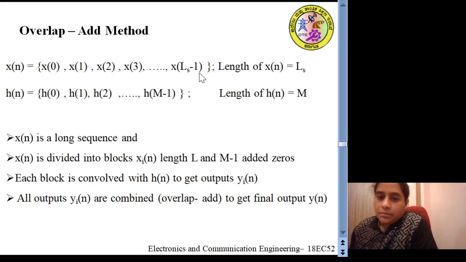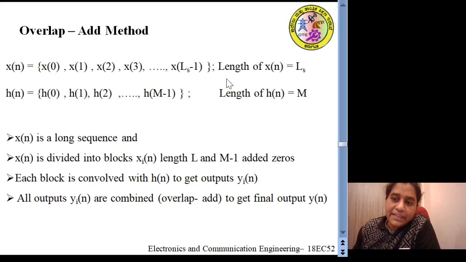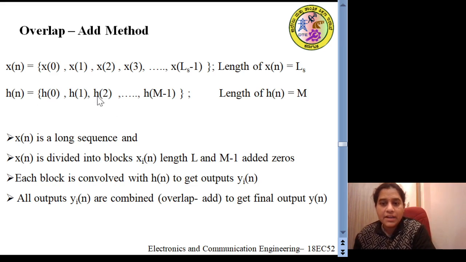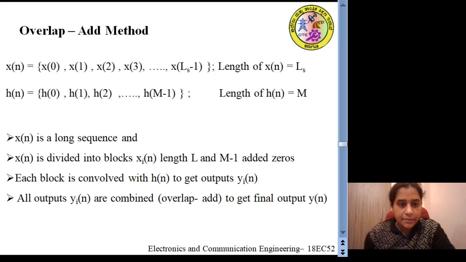The length of the impulse response of that FIR filter is m, so h of n is h of 0, h of 1, h of 2, h of 3, h of 4 up to h of m minus 1.